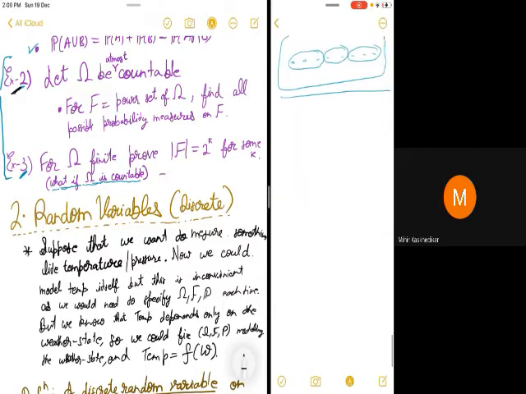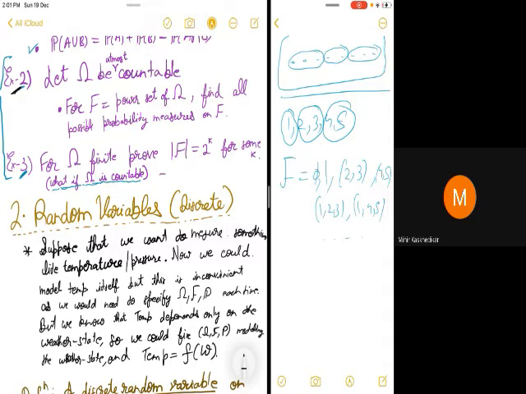So for example, if omega is 1, 2, 3, 4, 5, suppose, then we will prove that we can divide omega into some sets such that F corresponds to, like, 1, 2 comma 3, 4 comma 5, and 1 and 2 comma 3 taken together, and 1 and 4 comma 5 taken together, and so on.